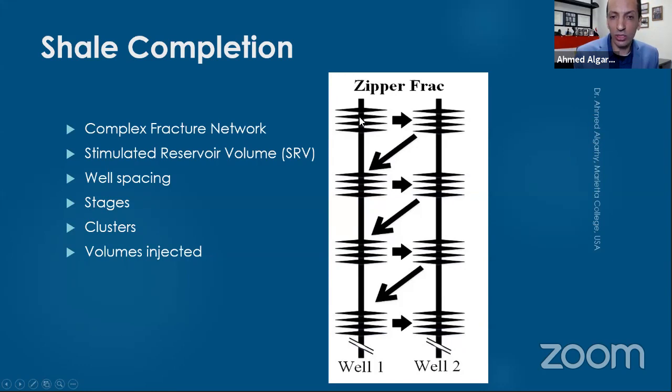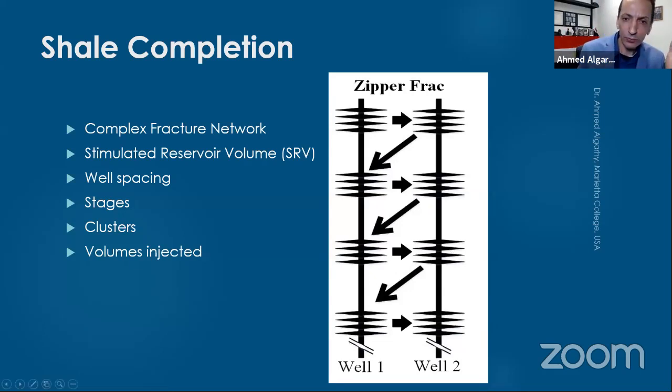Look at the mouse, please. I start perforating and fracking this zone. Then I move to the next well, the second well. Then I move back again to the first well. Then I move to the second well. Then first well, second well. So it looks like the shape of a zipper, like a Z shape also.